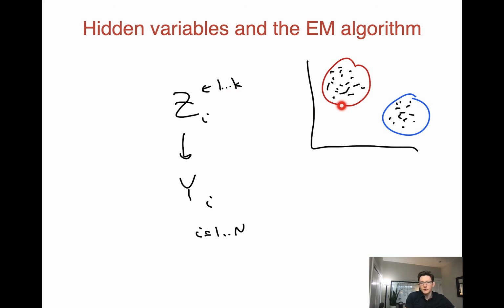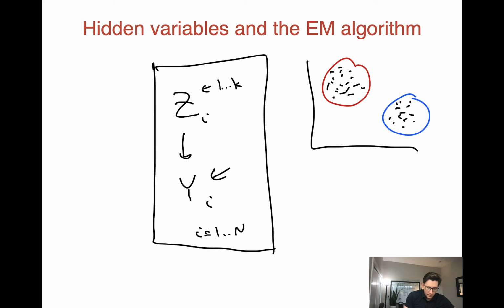So in this case, we have two clusters, 1 and 2. And theta are our parameters indicating, for example, the cluster center. There's a center for the red cluster, there's a center for the blue cluster. So that might be in theta.